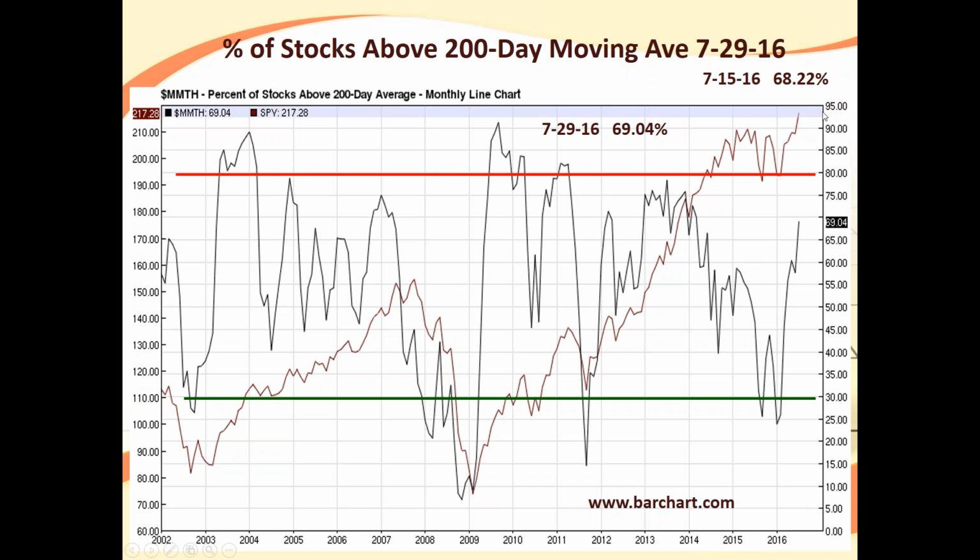Again, the spiders in this reflection are up about 217.28 this morning, which relates to about a 2175 level on the S&P. And as I said, we took that out. So we're sitting at 69.04 for the percentage of stocks.